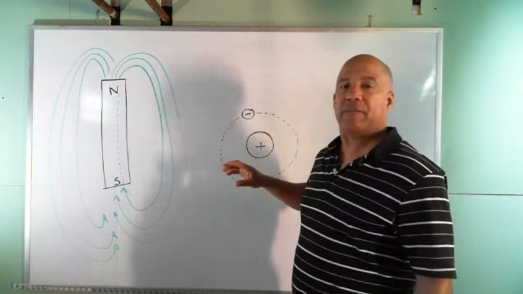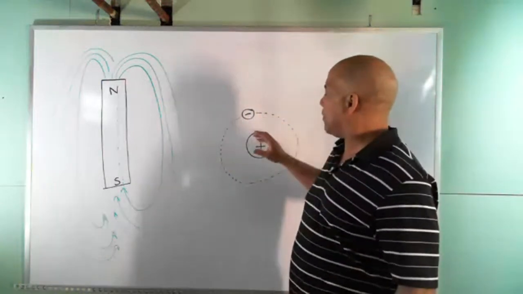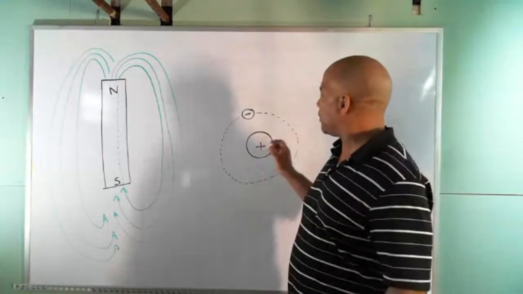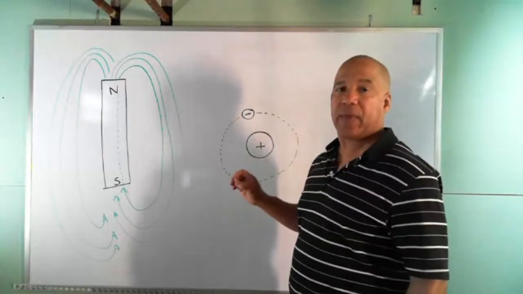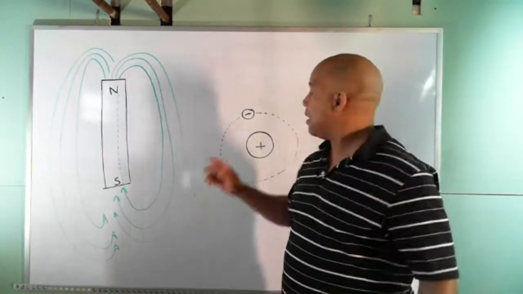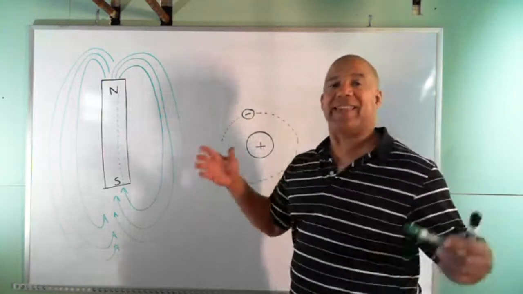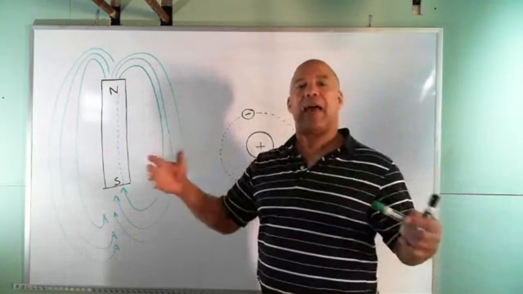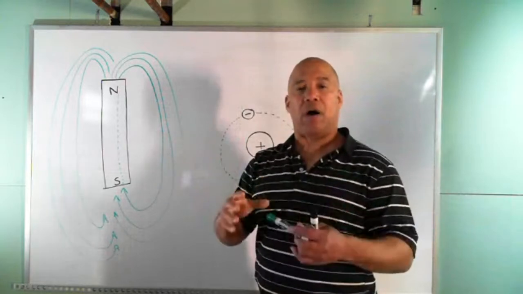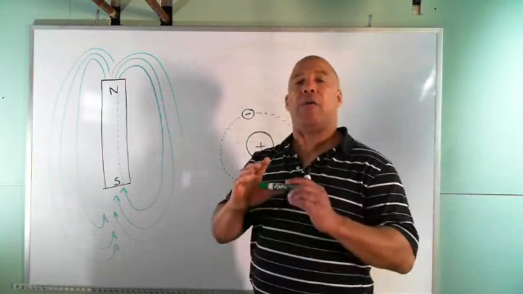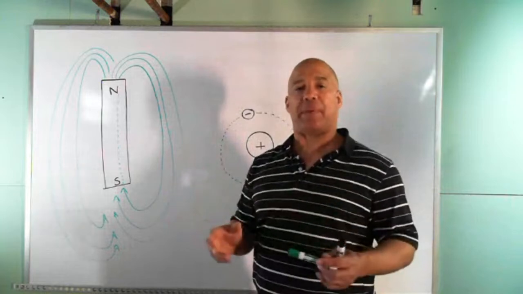You can think of a single atom as a microscopic little tiny bar magnet. And the superposition of the spinning motion and the revolving motion gives a net magnetic effect to any and all atoms. All atoms have magnetic properties.